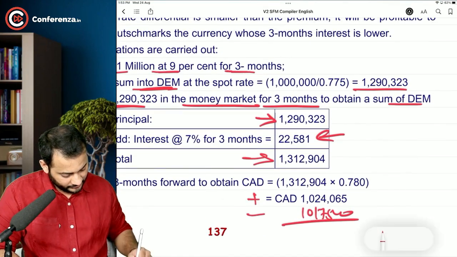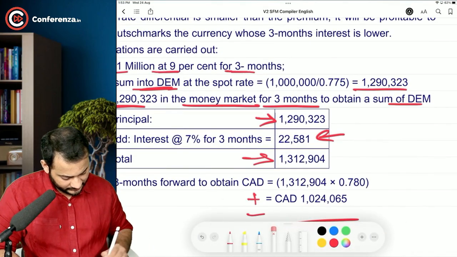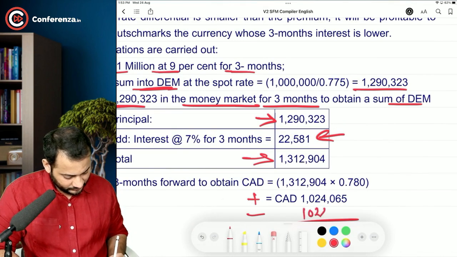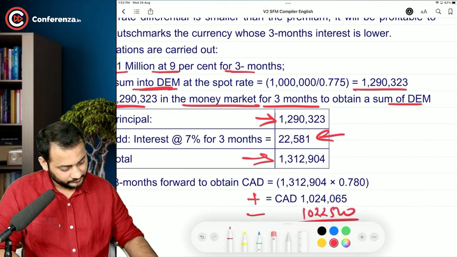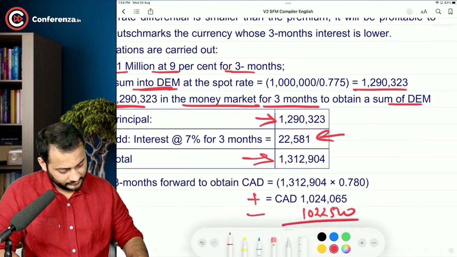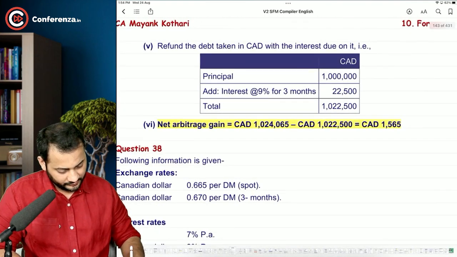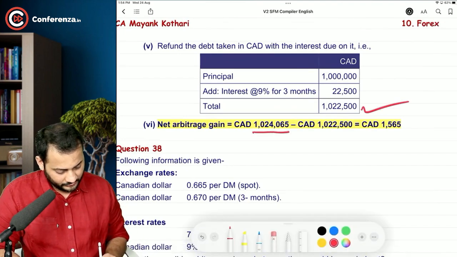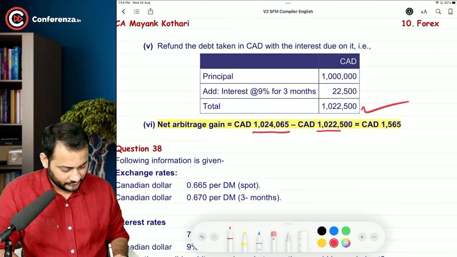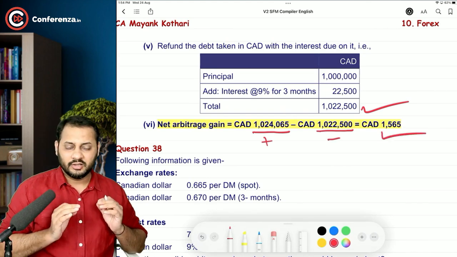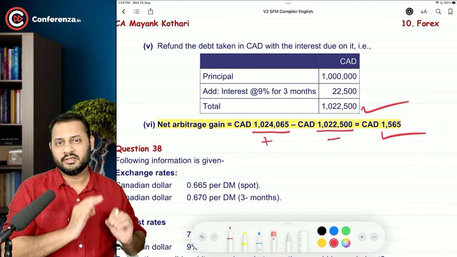So if we go with the 2.25%, still we will have some gain. 1022500. 1024065 and 1022500. This is inflow, this is outflow, and still you are left with the Canadian dollar profit.